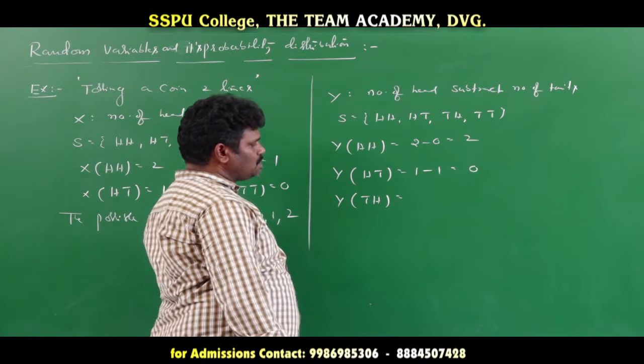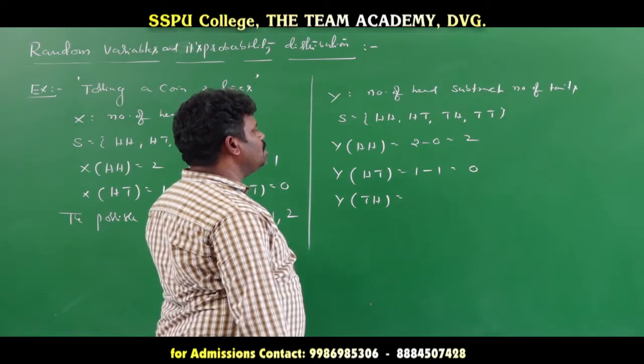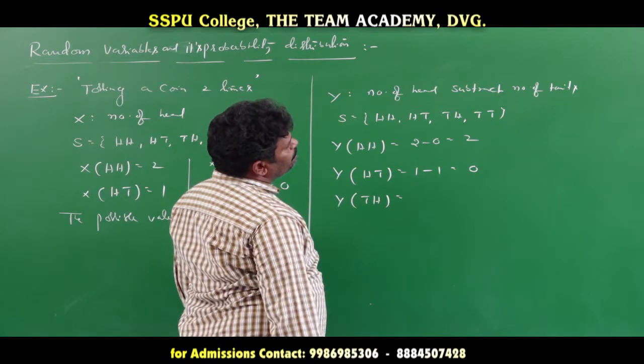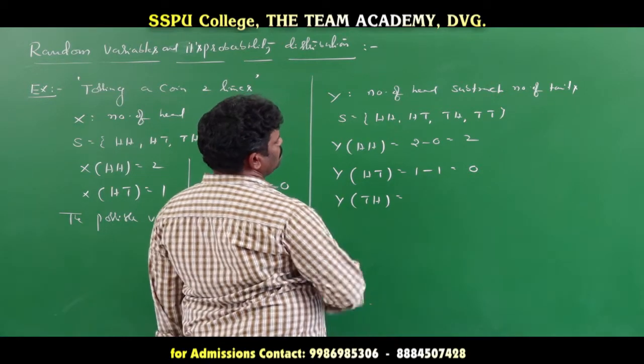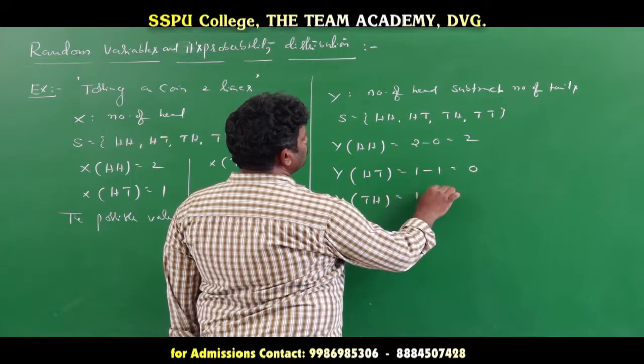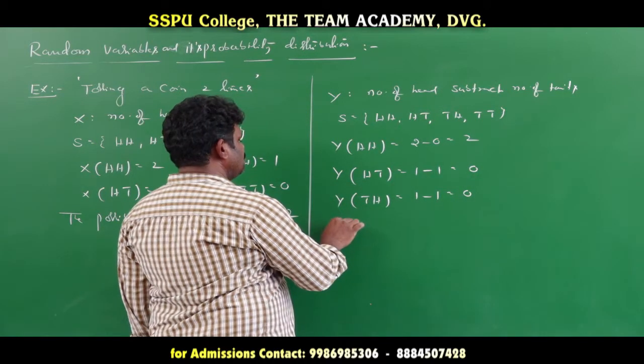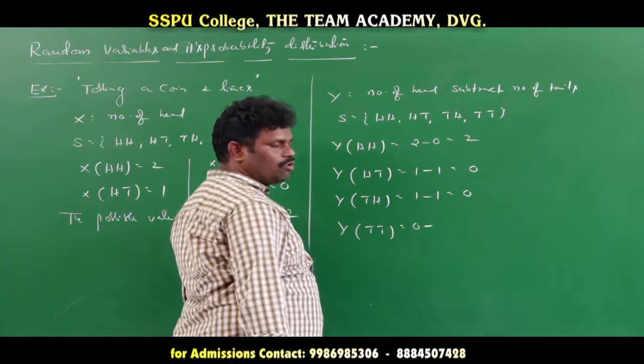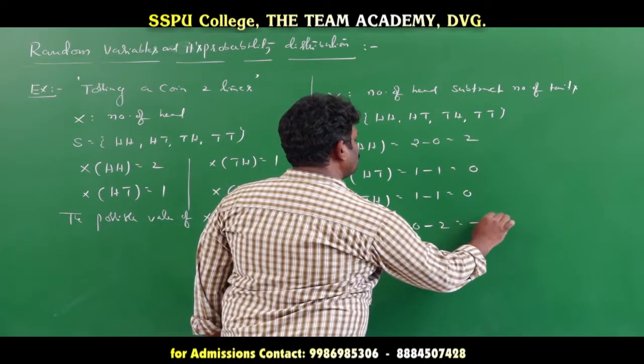Next Y of TH, the subtraction of number of heads and number of tails, is also 1 minus 1, which is 0. Next, the number of heads is 0 and the number of tails is 2, so that is equal to minus 2.